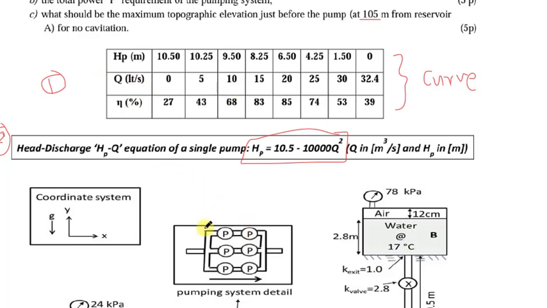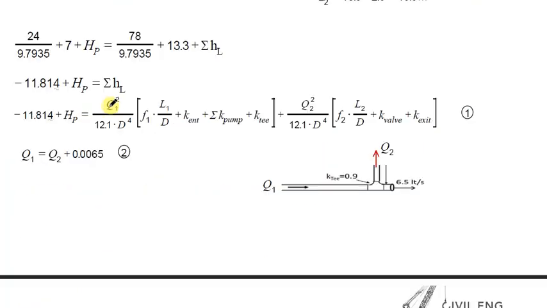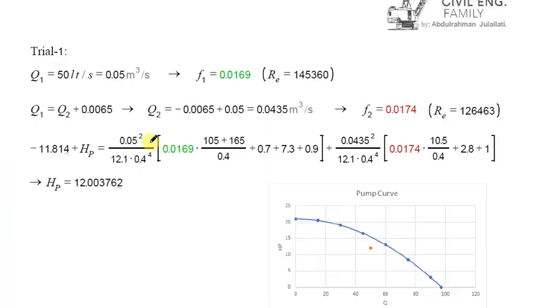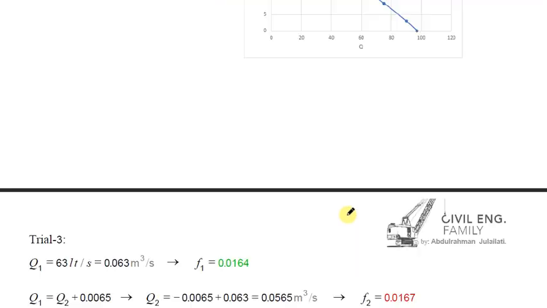Because 3 in parallel, 3 multiplied by the Q, and 2 in series, 2 multiplied by HP, which is head of the pump. Efficiency we don't multiply by anything. And that's what we did here. We did the curve, to be honest, but it's not shown in detail.